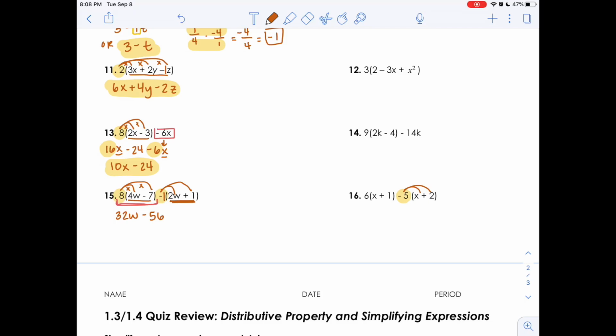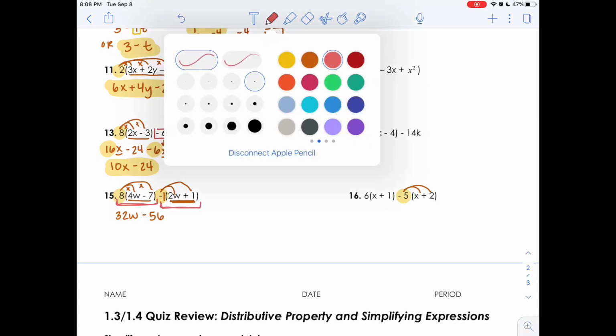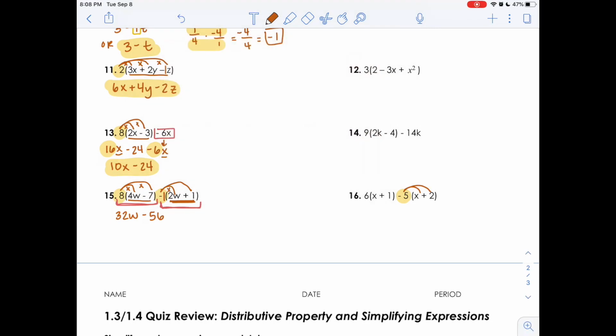Next, I'm going to look at the second parenthesis with the -1. So I have -1 times 2w, so I get -2w. And I have -1 times +1, which is -1.